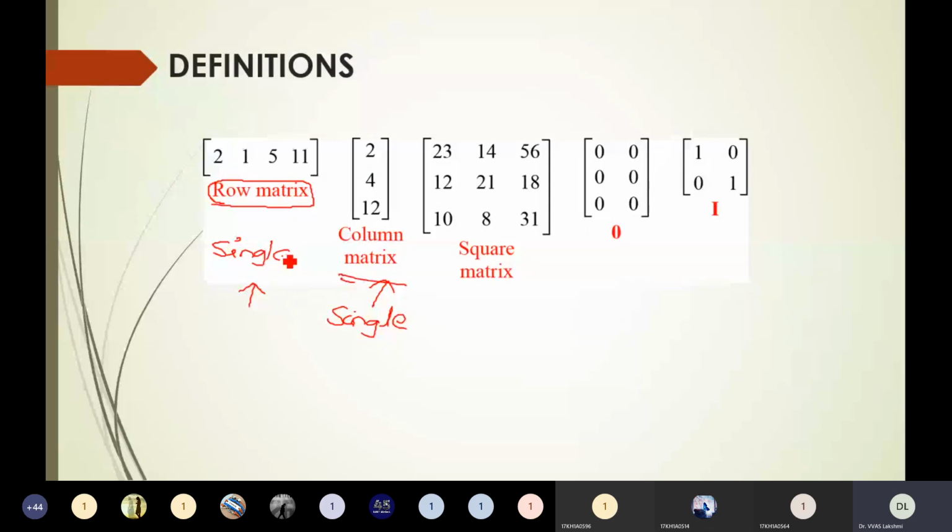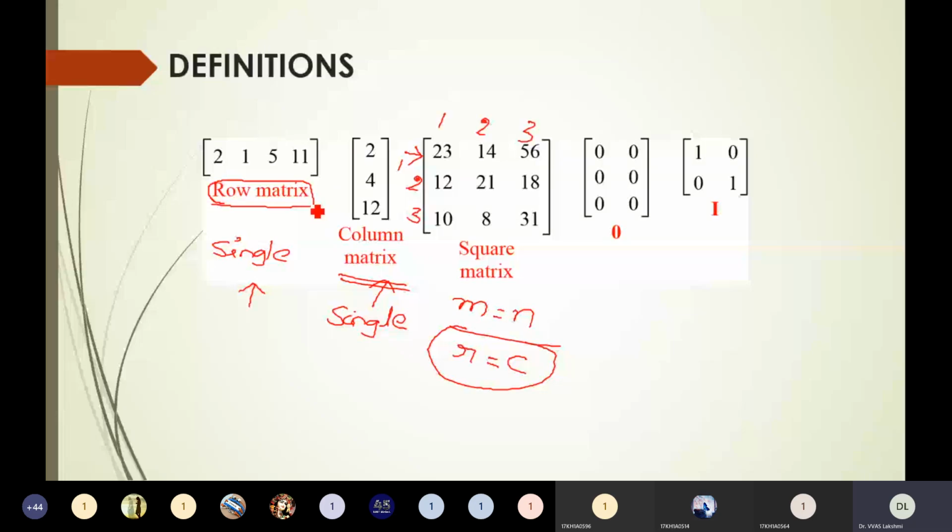If a matrix has the same number of rows and columns, that is, the row size is exactly equal to the column size. Here we will take an example. First row, second row, third row, and also 3 columns are there.